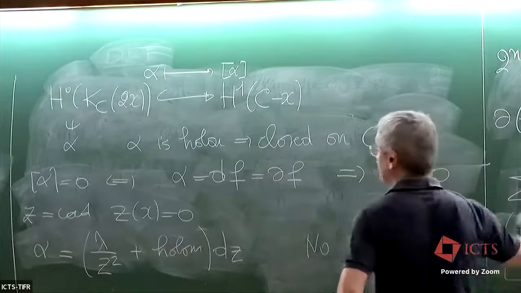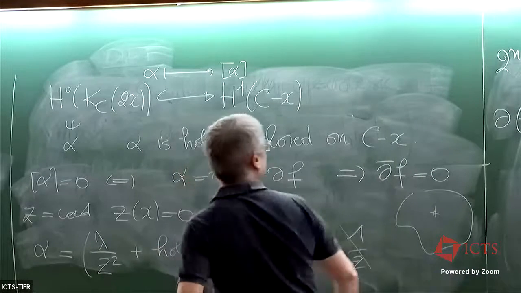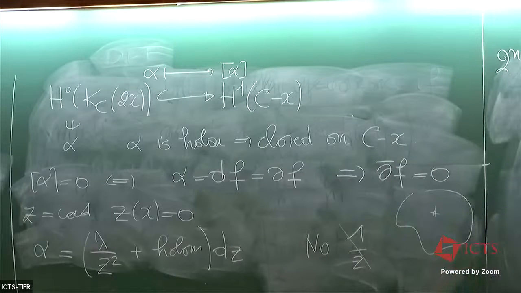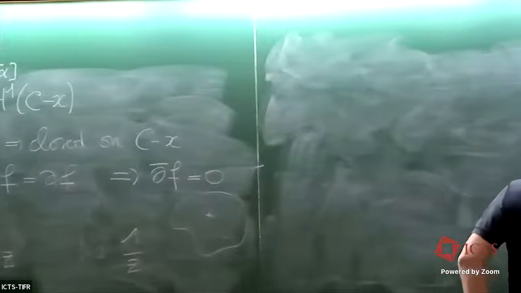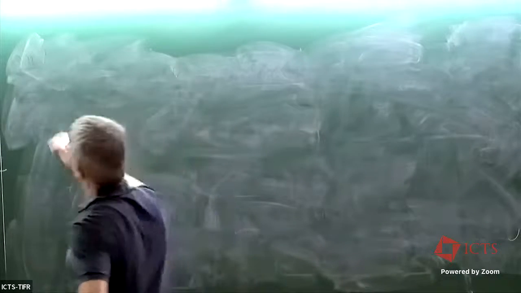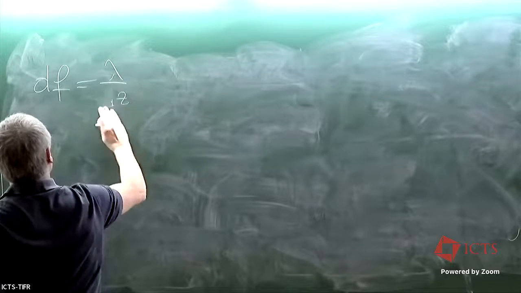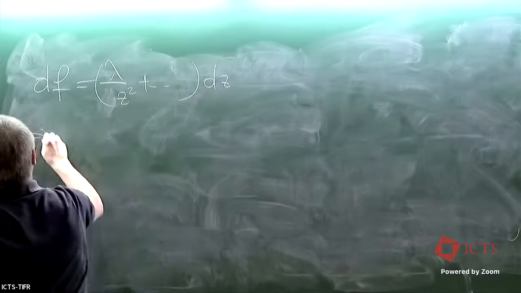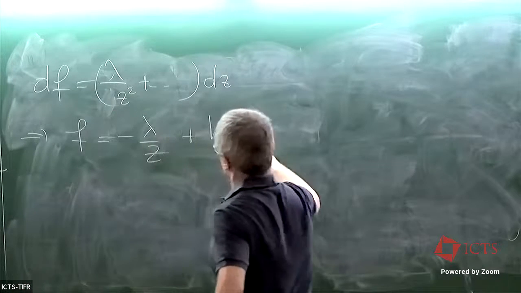So next, the alpha is like this, and if alpha has to be the differential of f, it turns out that f has a simple pole. So if df is equal to something like this, then f is like this.